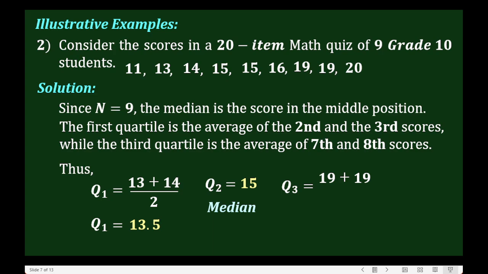These two are both 19. So if we get their average, we still get 19. And this is your Q sub 3, not Q sub 1.